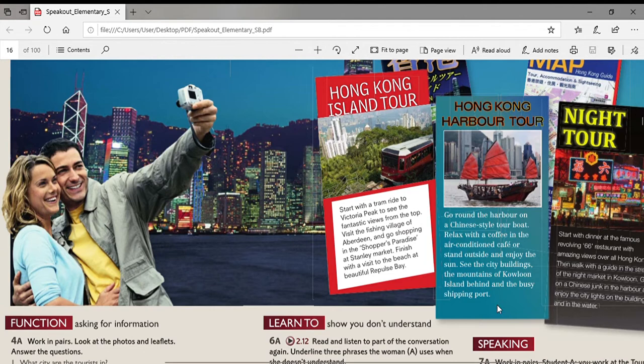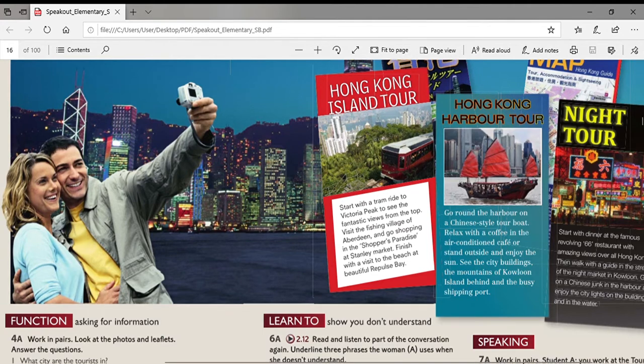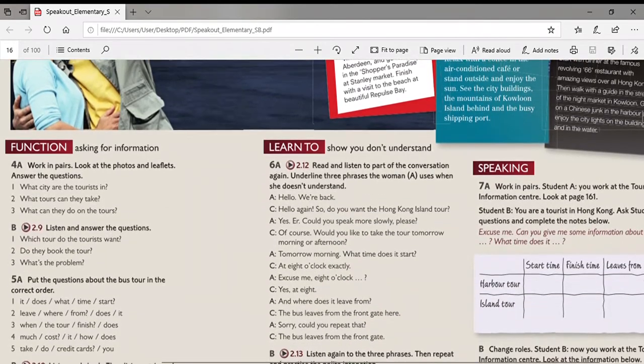Shipping port means port where ships come. And on the last one, Night Tour, they can go to a famous restaurant. They can visit the night market. They can go to the harbor, and they can see and enjoy the city lights. So we answered the question.